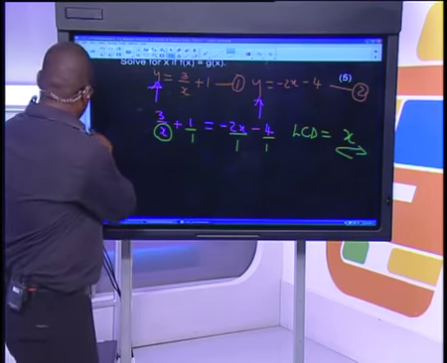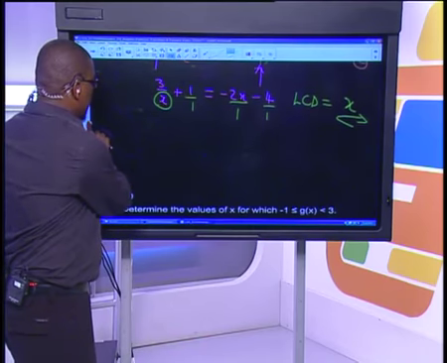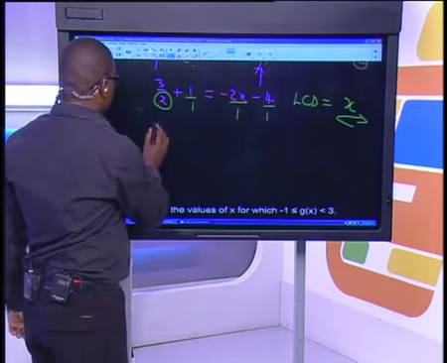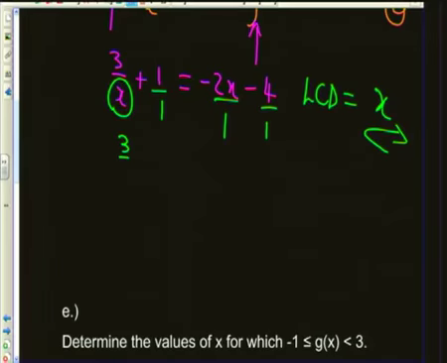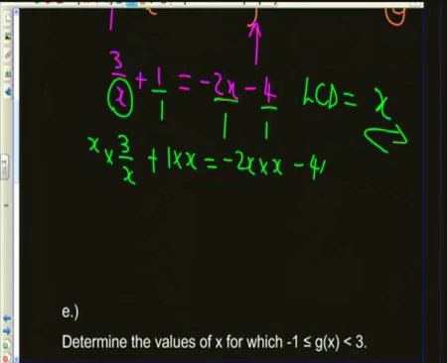Now, I am going to have, let me just do it step by step. I've got 3 divided by x times x, right? That's the first term that I'm multiplying by the LCD. Plus 1 times x equals minus 2x times x minus 4 times x.